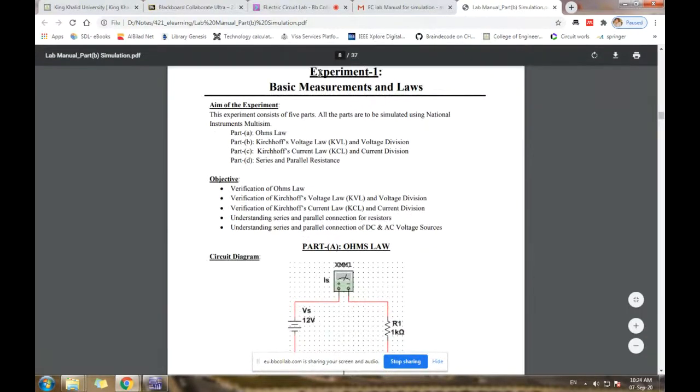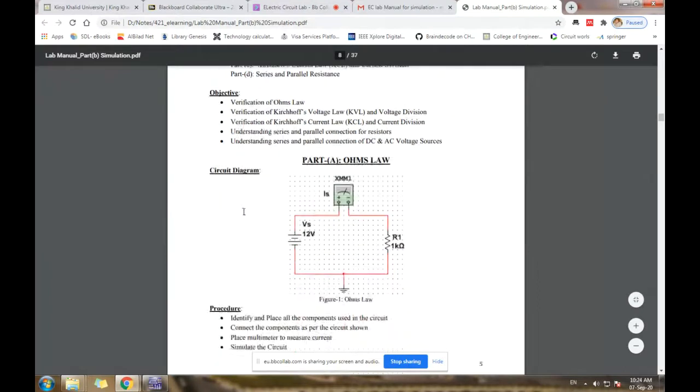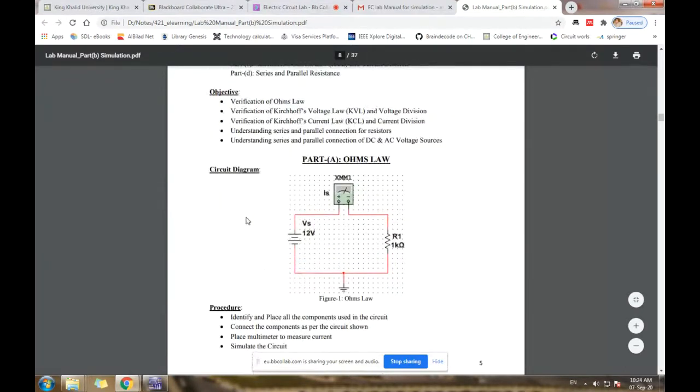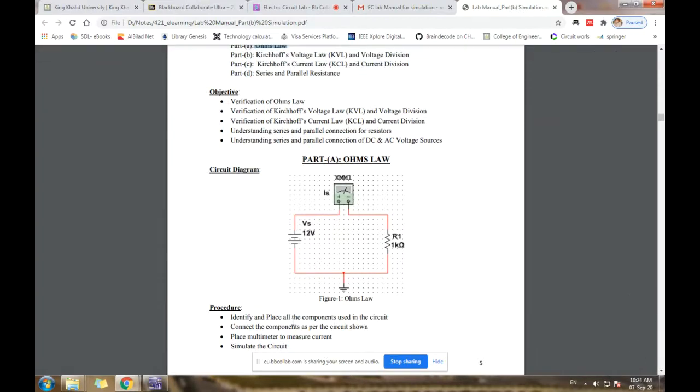Okay, so we will start with experiment number 1, that is basic measurements and laws. In this, for Ohm's law, what is Ohm's law? You remember Ohm's law? It says that the voltage is directly proportional to the current at constant resistance. Suppose this resistor is 1 kilo ohm. We will measure the current and we will set the voltage.